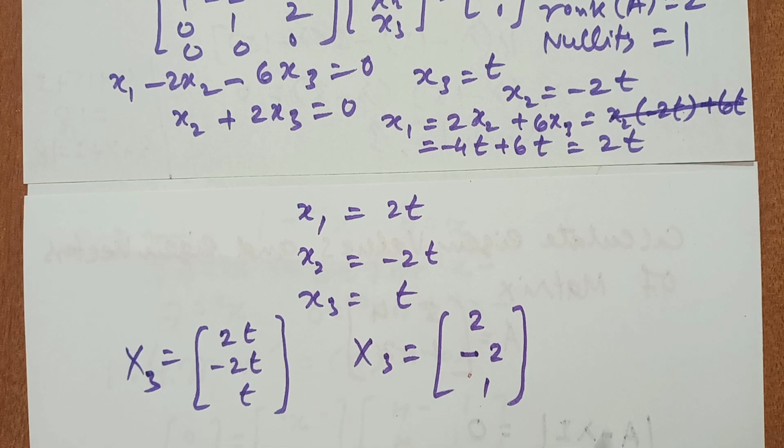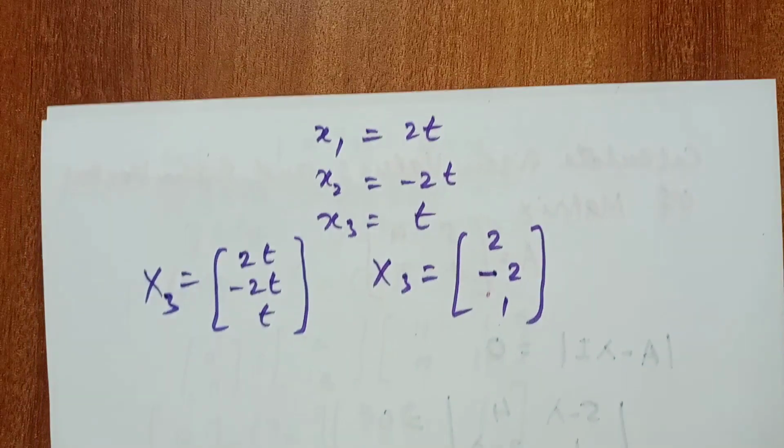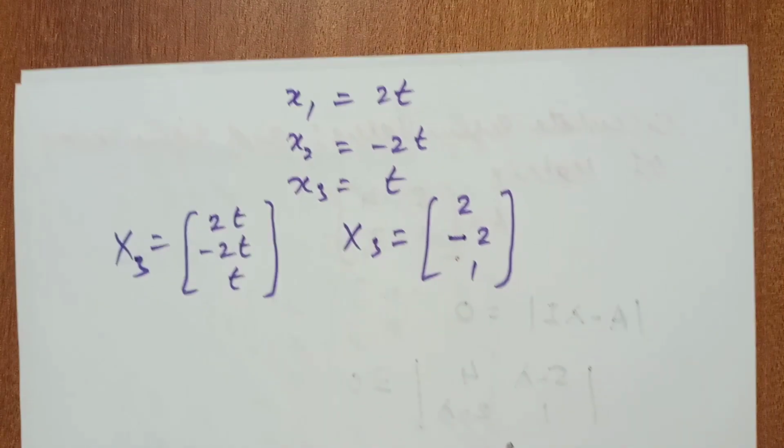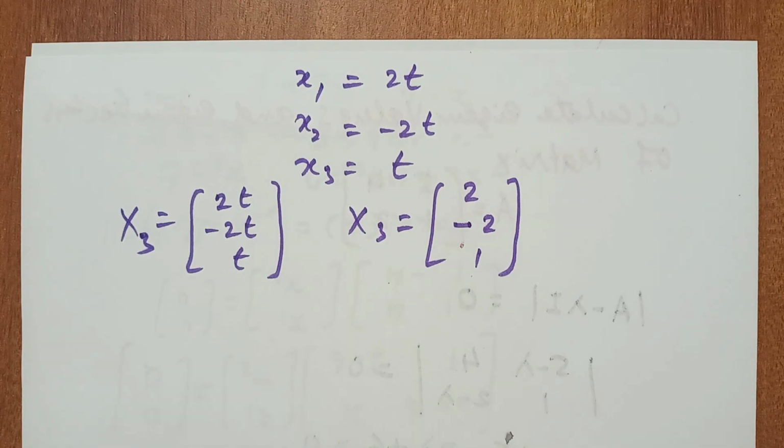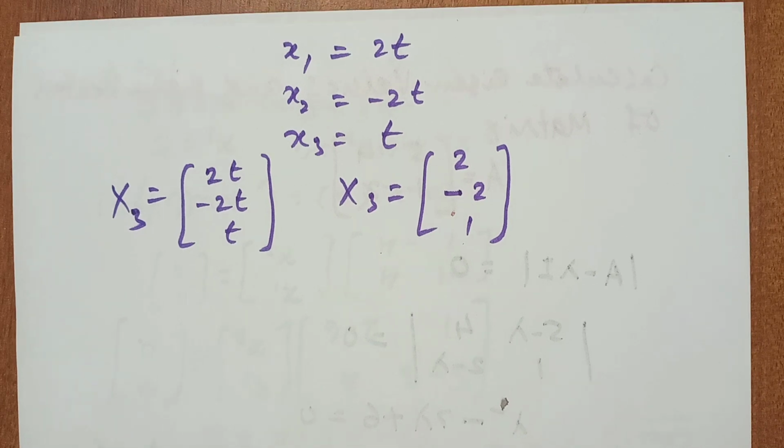Okay, so this is the eigenvector corresponding to this eigenvalue. So this is the third eigenvector. We have calculated all the eigenvectors corresponding to the eigenvalues.